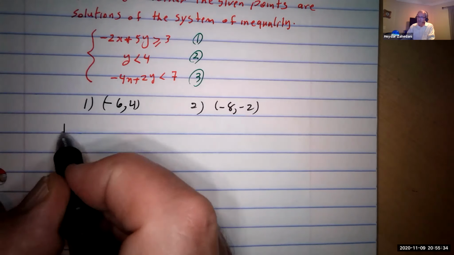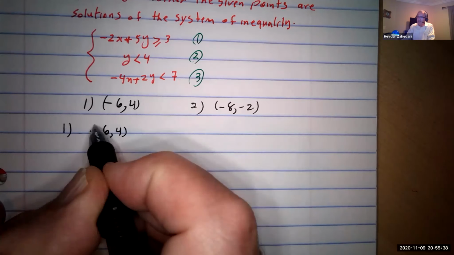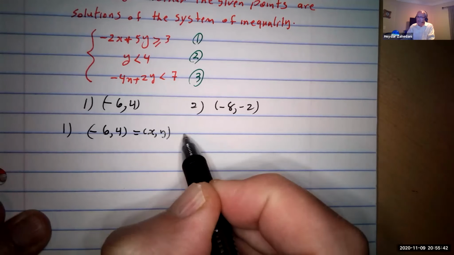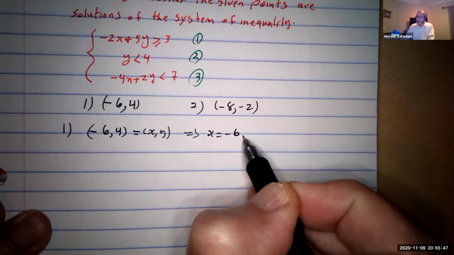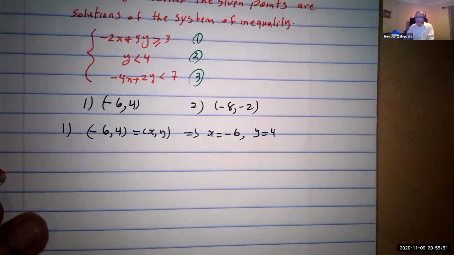I'm going to check this point first, negative 6 and 4. If you call it x and y, this means your x is negative 6 and your y is 4. So check these numbers in the 3 inequalities.